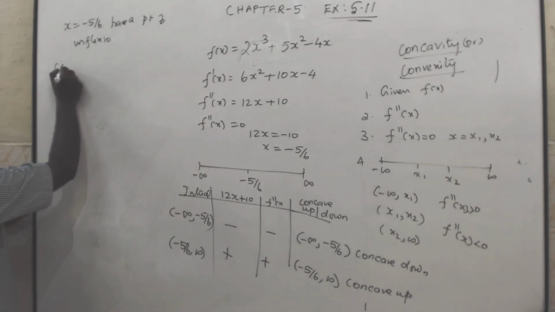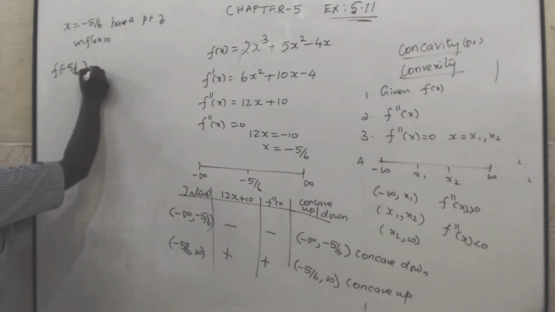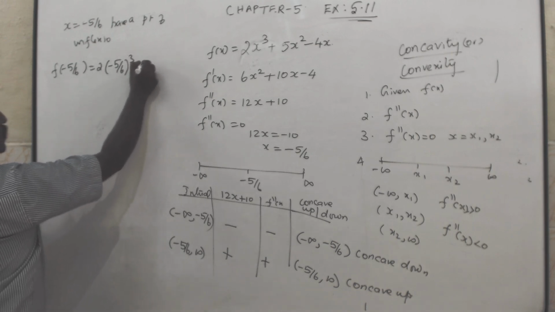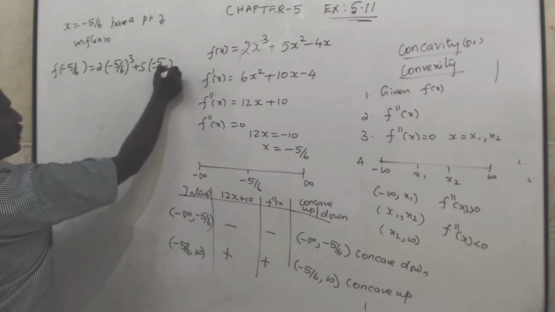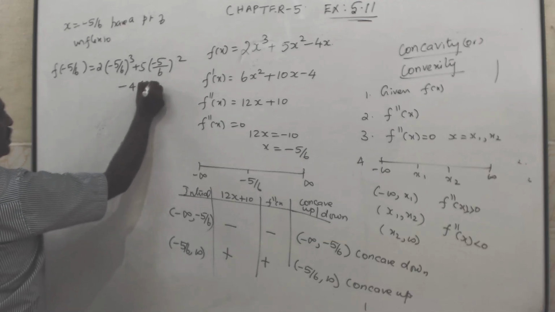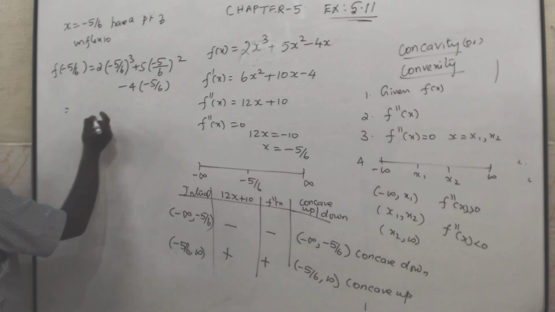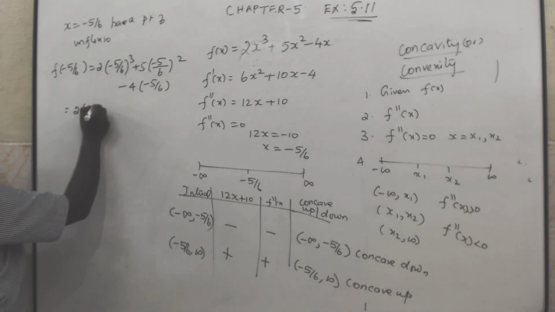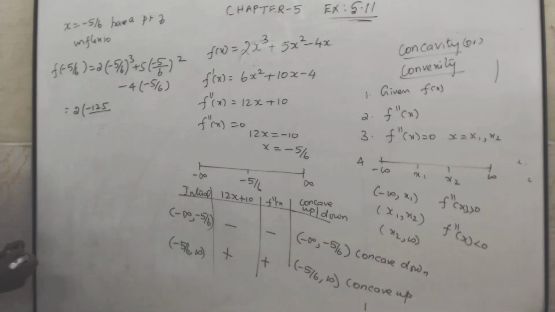f of minus 5 by 6: 2 into minus 5 by 6 whole cube plus 5 into minus 5 by 6 square minus 4 into minus 5 by 6. Minus 5 cube is minus 125. 2 into minus 125, 6 6s are 36, 36 6s are 216.